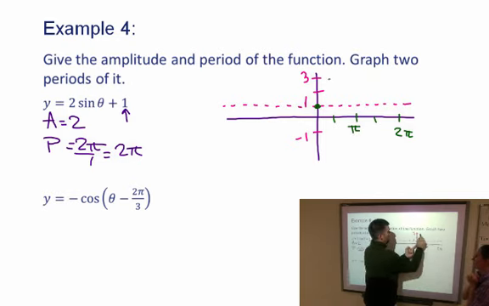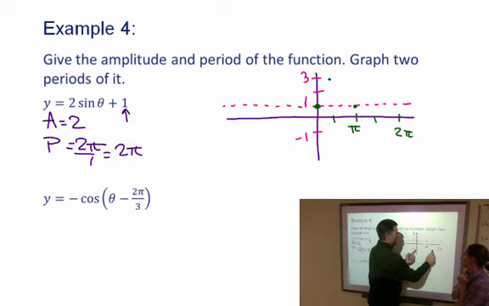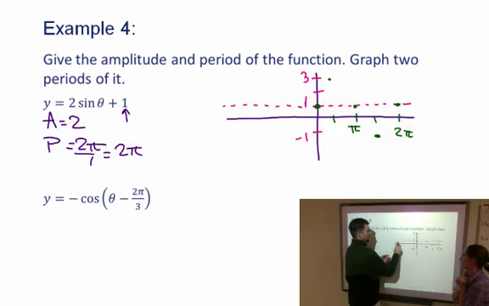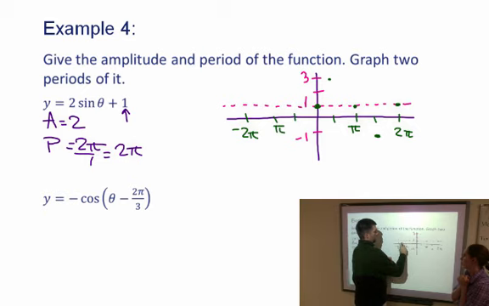Now I'm up to 3, and now I'm back down in the middle, and then one full amplitude below, that's at negative 1, and then back to the middle. That's how it looks, and I can do the same thing on the other side: down, middle, top, middle. It's a pattern. And then you just connect your curves.